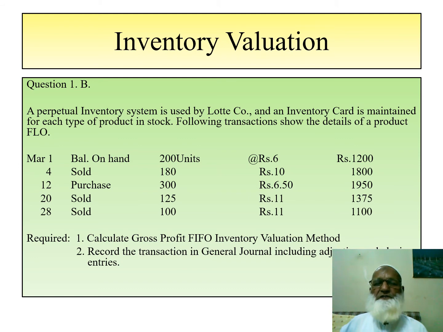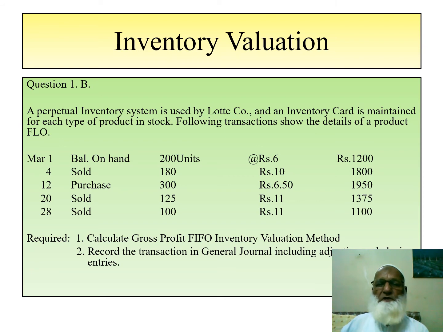The perpetual inventory system is used by Lotte company, and an inventory card is maintained for each type of product in stock. The following transactions show the details of one product only, the product name is FLO.